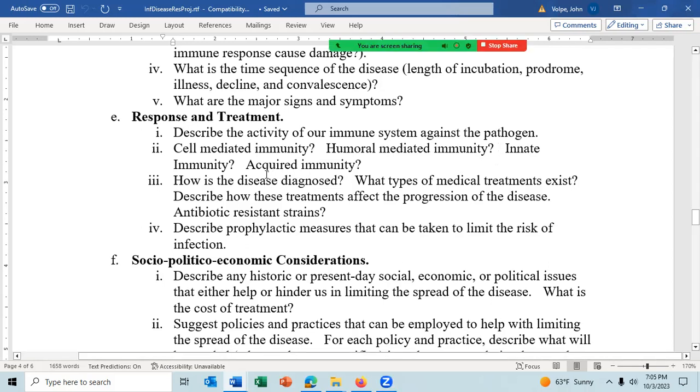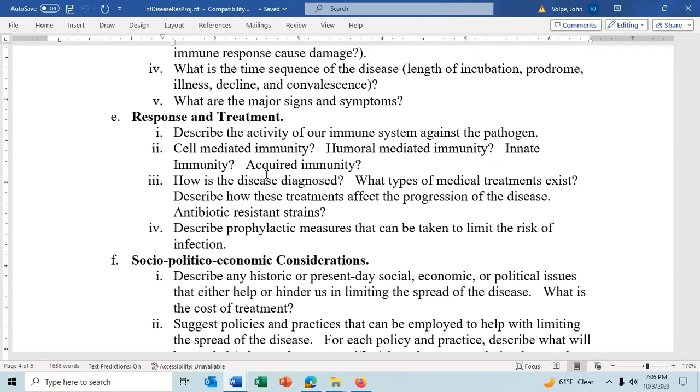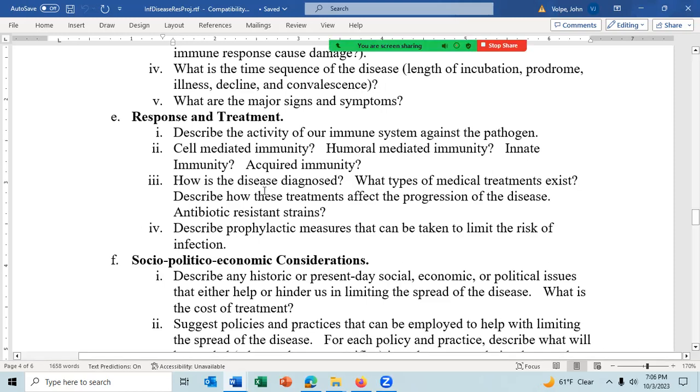Acquired immunity is one that the immune system has to learn to respond to. That's the reason why we give vaccines, to make your immune system learn to respond to that disease. And then talk about how the disease is diagnosed, what types of medical treatments exist, and describe the treatments and the progression of the disease.